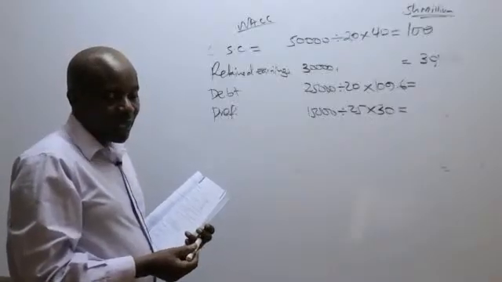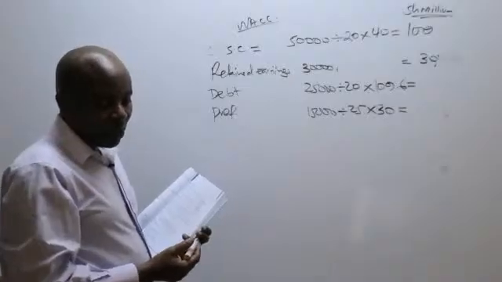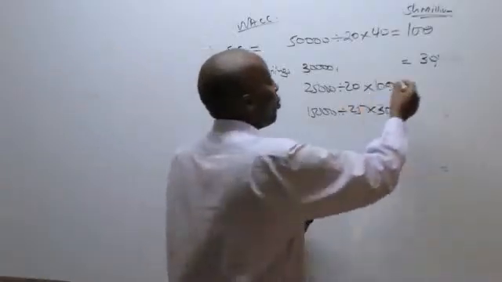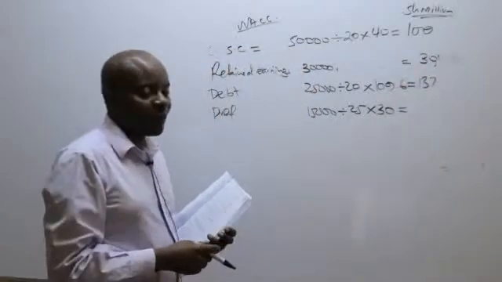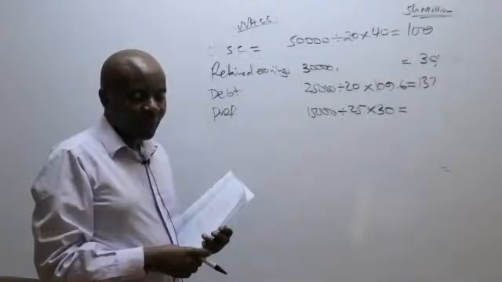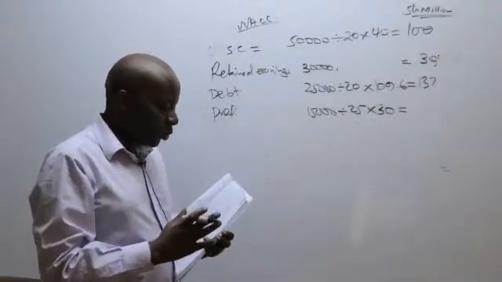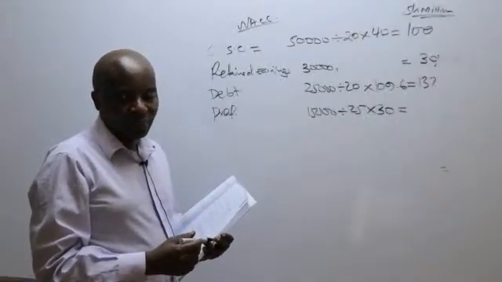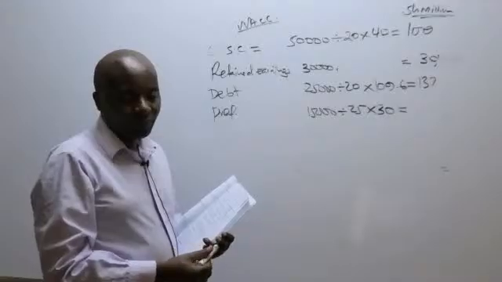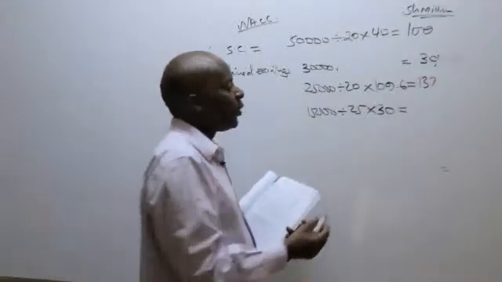What do we have here under debt? 137,000. So 137. I've decided to work without the zeros. How about preference? Yes, preference 18. Thank you very much.